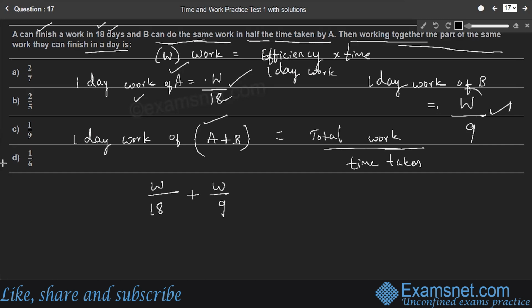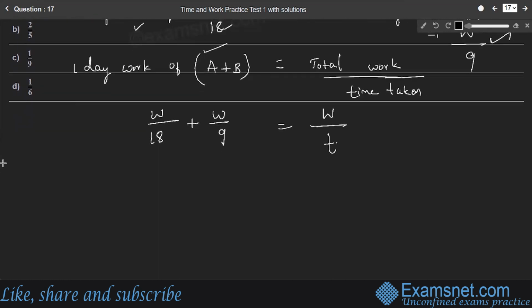So the sum of their 1 day work is equal to W by T, where W is the total work and T is the time taken by them. Simplify it: numerator becomes W plus 2W, and the denominator is the LCM of 18 and 9. So 3W by 18 is equal to W by T. You can cancel W and W here.